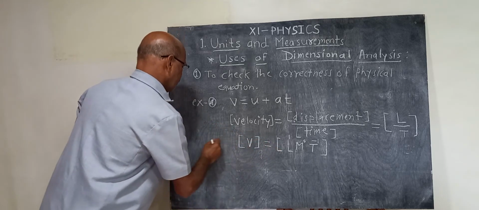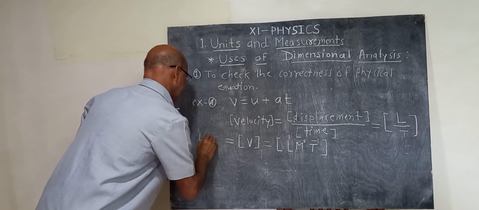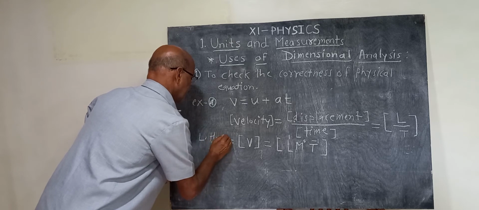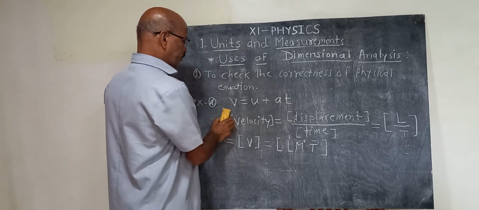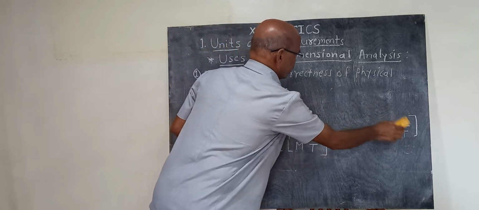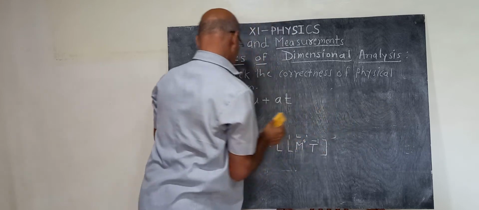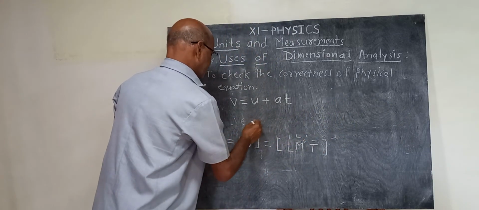So these are the dimensions of the left hand side. Now we obtain the dimensions of initial velocity. These are the same as that of final velocity.